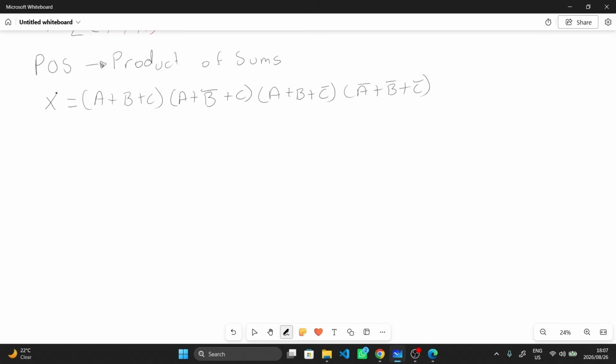So this is, as you can see, we have our sum first, then it's multiplied. So this is product of sums, right? And this we call a standard POS form.